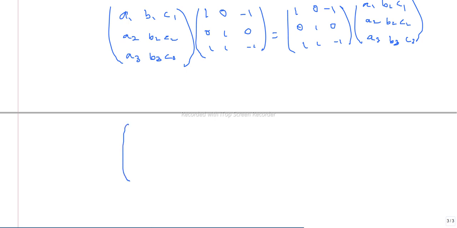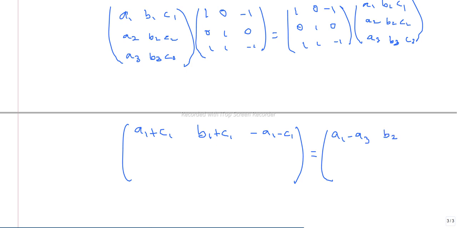If you take the product, the first entry is A1 plus C1, the second entry is B1 plus C1, and the last one is minus A1 minus C1. This is the matrix from this side. Now on the right hand side, if you multiply, we get A1 minus A3, B2 minus B3, and then C1 minus C3.